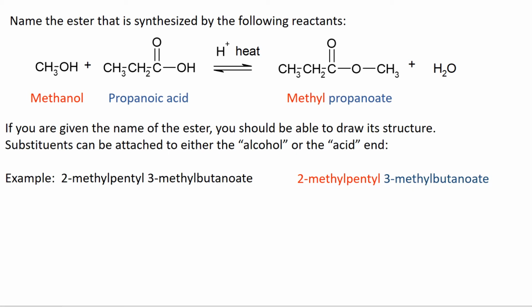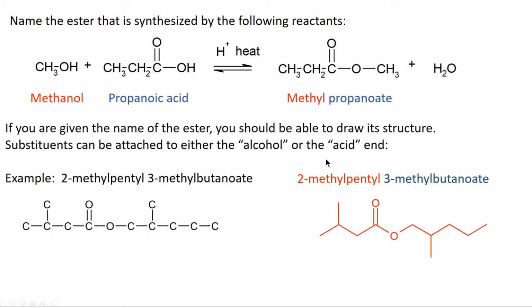I'll show you what it looks like in just a second. So let's talk about the alcohol portion. The longest part in the alcohol is your pentyl, so we have five carbons. The carbon that's attached to your oxygen is going to be carbon number 1. So the next carbon over from that is where you're going to have a methyl.